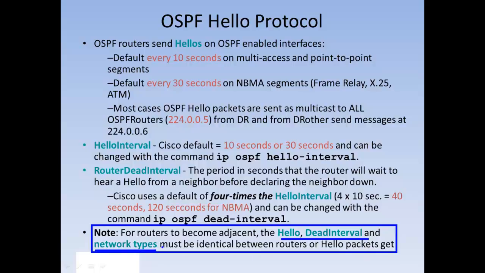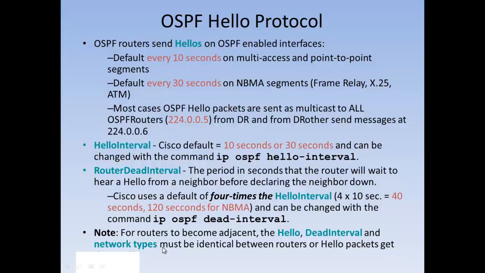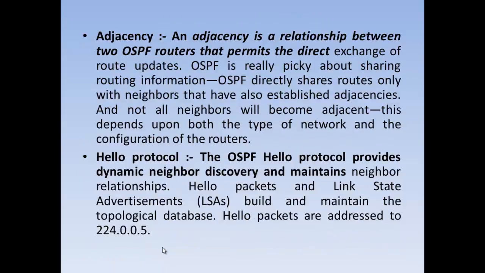Otherwise, if the hello interval is different on both interfaces, or the dead interval is different, or the network type is different, or, if you go more advanced, the authentication ID and password are not matching, then they will never become neighbors. So to maintain efficiency, some of the parameters must match.